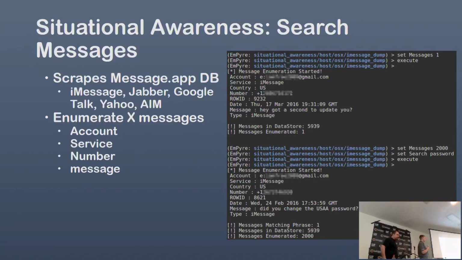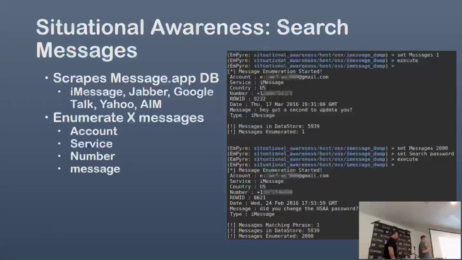In this case, if you haven't noticed, you can integrate different types of services into the iMessage platform: Google Talk, Yahoo, AIM, and the iMessage service itself. But the cool part is you can search everything from the requesting number, the account where it was coming from, the account where it was going to, and even the phone number per se. So it's actually quite a treasure trove of information from a collection standpoint.